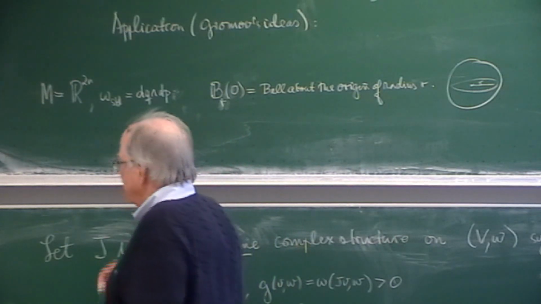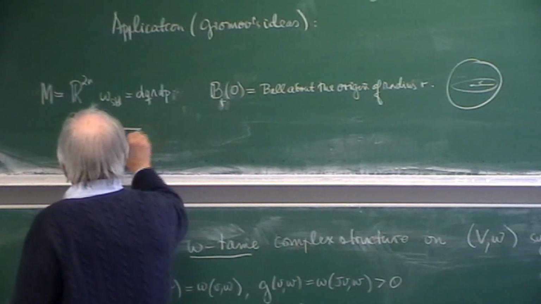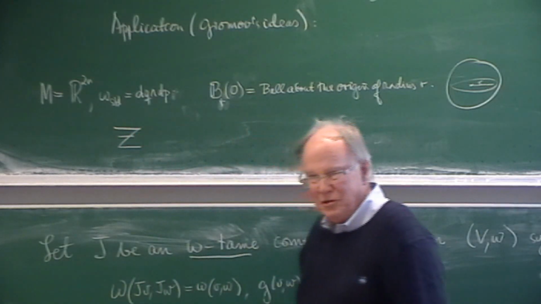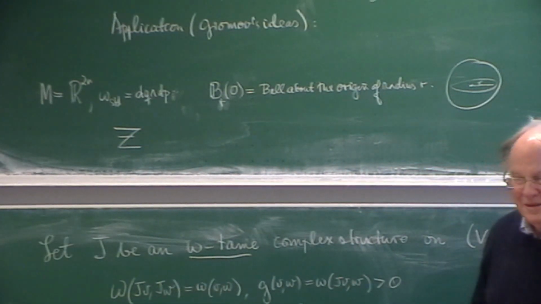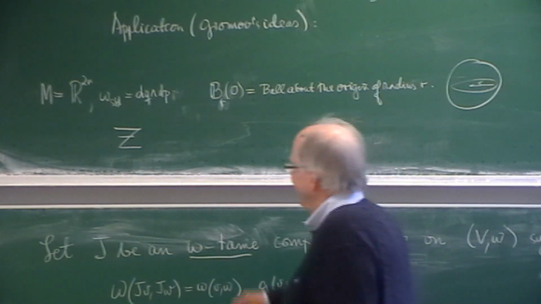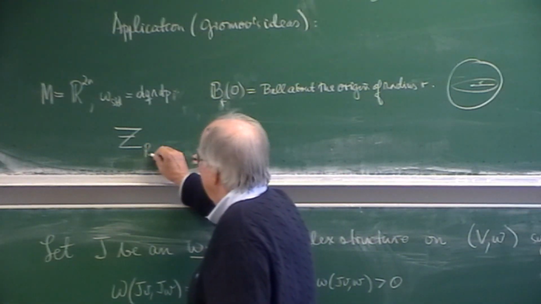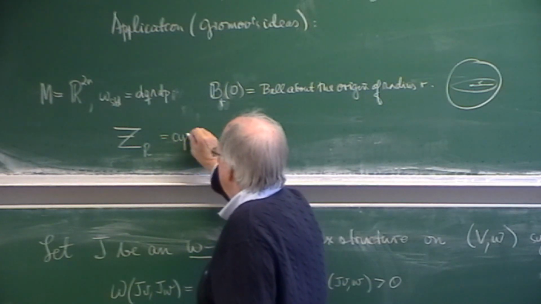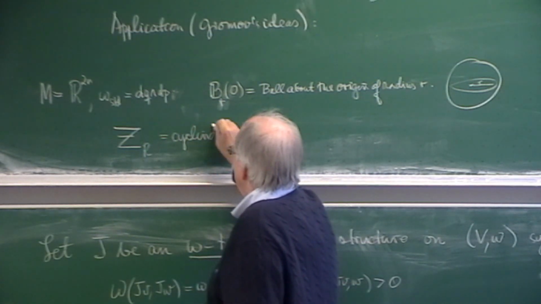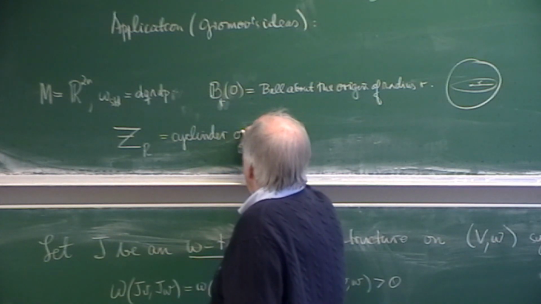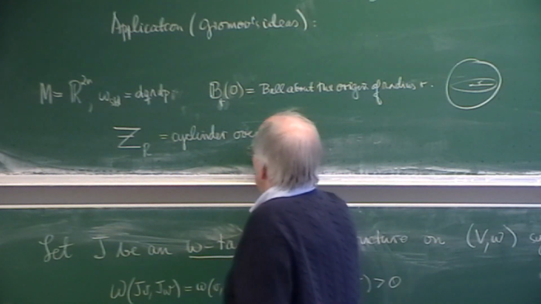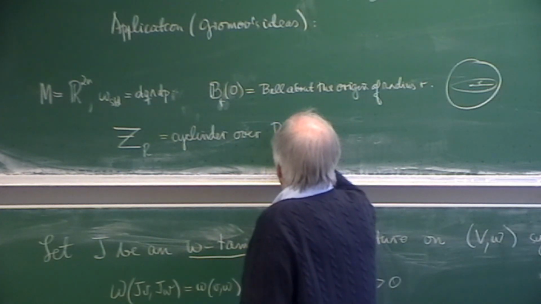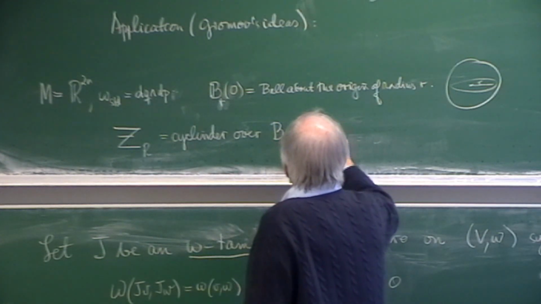And now let's consider a cylinder. Let's make a German cylinder. Z, the word in German for cylinder, starts with Z. The radius is big R, the cylinder over, for example, the ball of radius big R in R2.